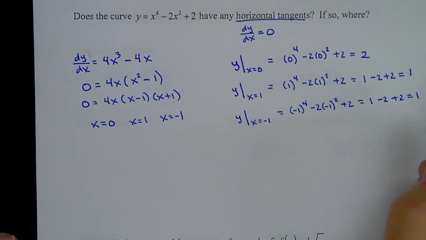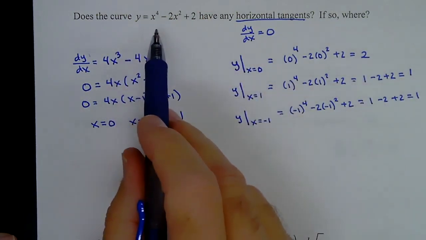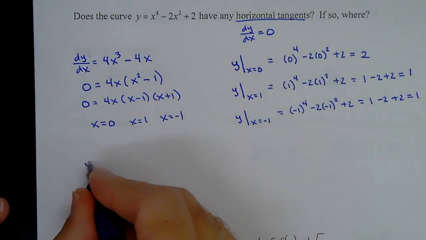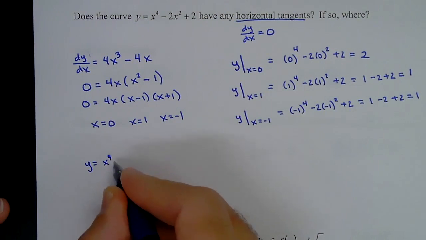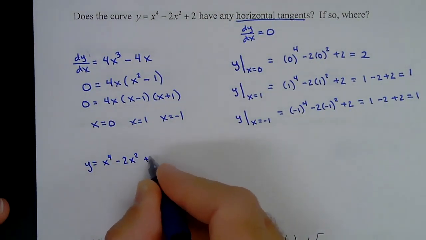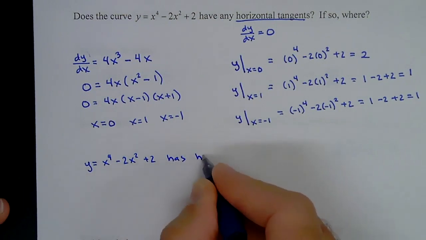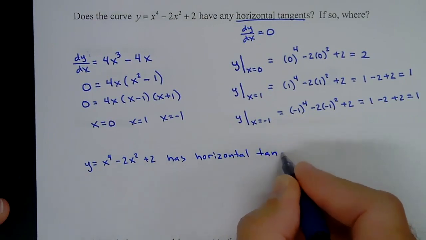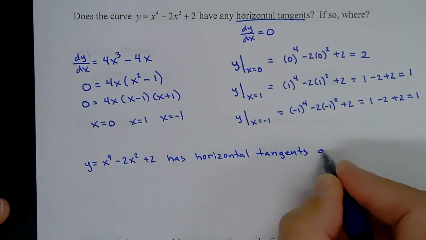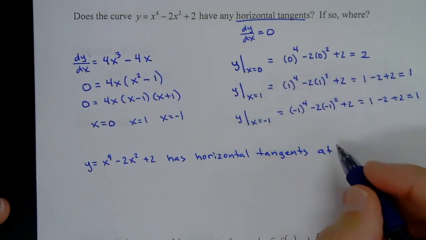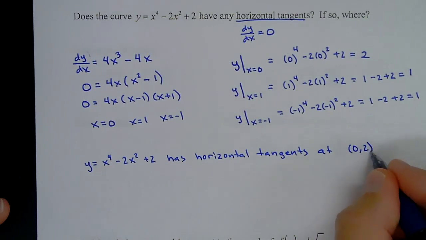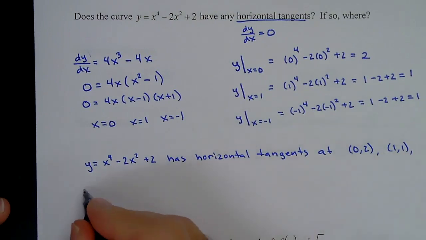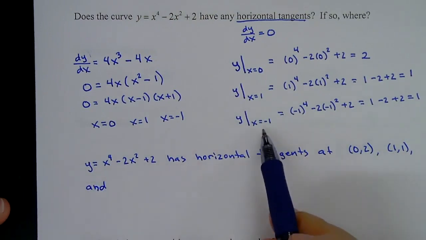All right, so these are the points where the graph of y equals x to the fourth minus 2x squared plus 2 has horizontal tangents, okay? So y equals x to the fourth minus 2x squared plus 2 has horizontal tangents at the points (0, 2), (1, 1), and (-1, 1).